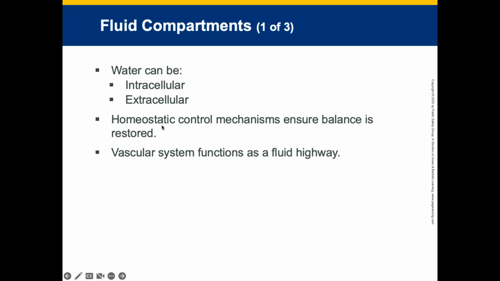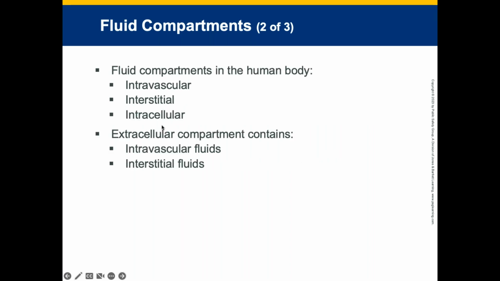Okay, that's part of the whole fluid highway. So extracellular compartment or intravascular water portion of the circulatory system surrounding the blood cells. Interstitial is water outside the vascular system between the surrounding cells. So if we start seeing edema, that's really called interstitial fluid, right?